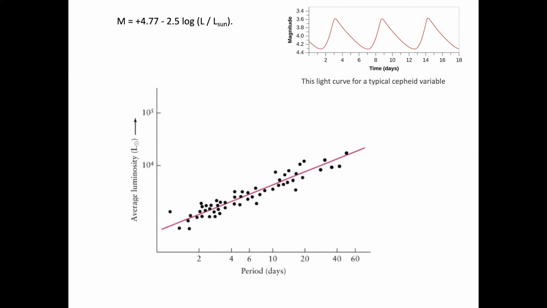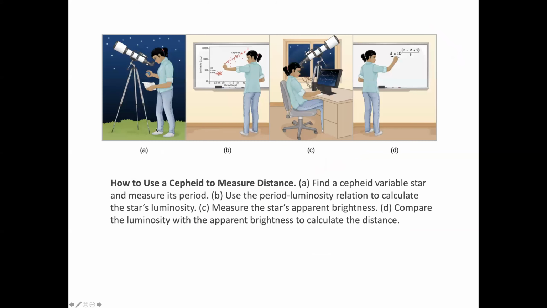Once this relationship is well established, if you can find a Cepheid star in a particular location, and the period of that, from this graph, you can find the average luminosity, and from that luminosity, you can calculate the magnitude and then the distance, as it is explained in this diagram.